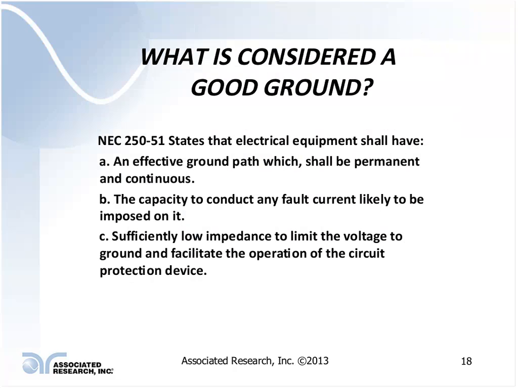It should have the capacity to conduct any fault current that is likely to be imposed upon it, and it should have sufficiently low impedance, which will eliminate any voltage to ground or limit the voltage to ground, and facilitate the operation of any circuit protection device. What the hell does that mean?